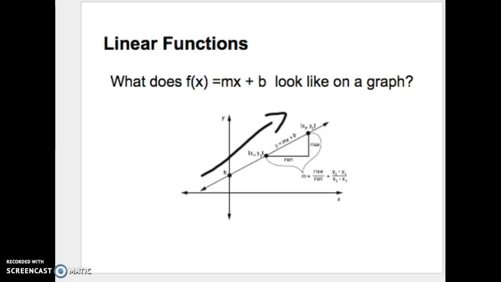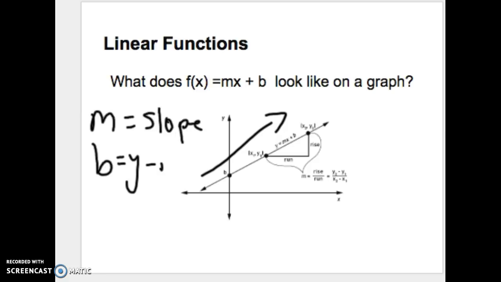This happens when we have a positive slope. Remember, in slope-intercept form, m is our slope, and b is the y-intercept. Those two values are the only things that we actually have to know in order to graph a linear equation.